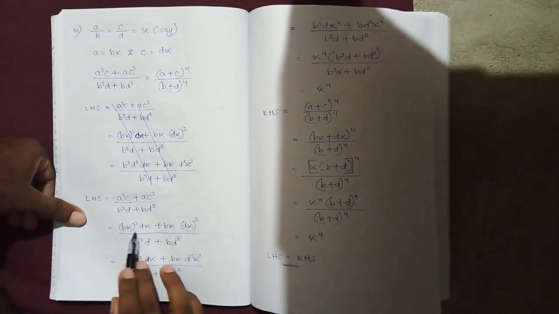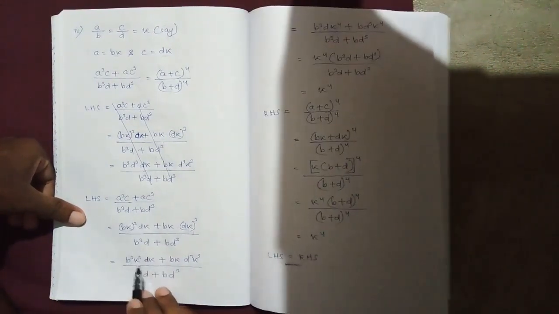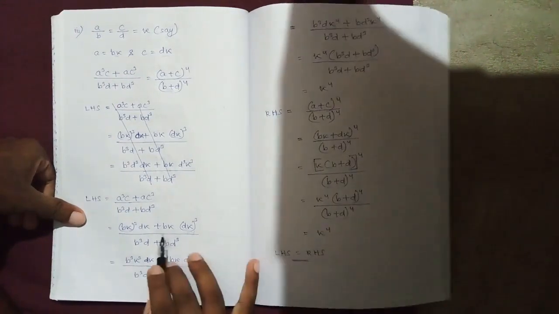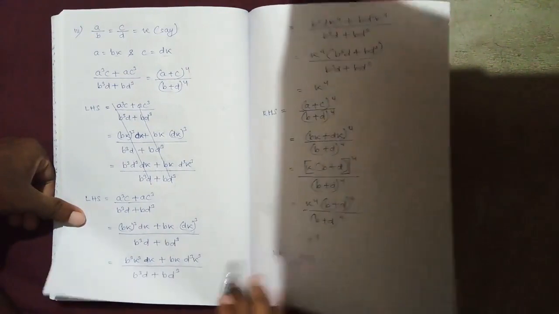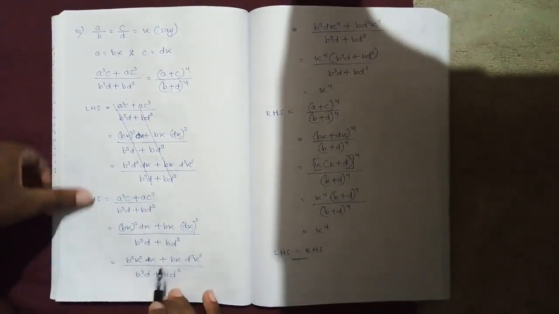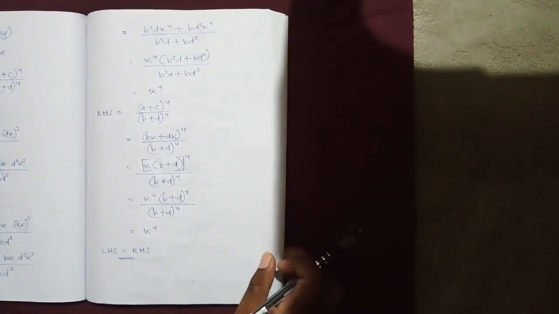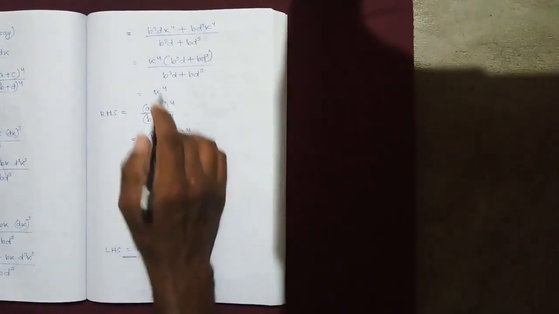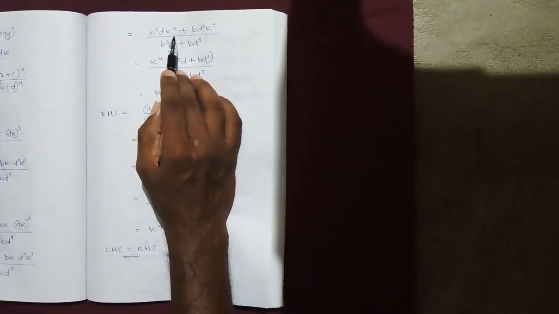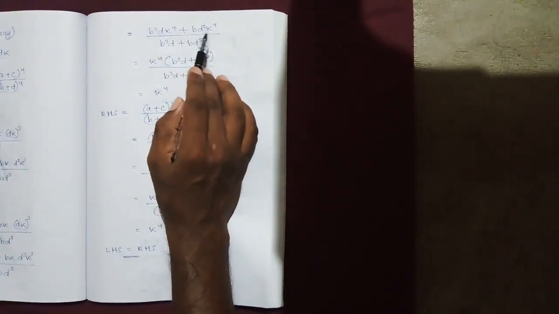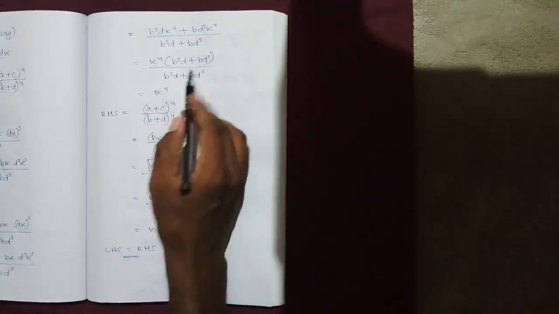So this becomes b cube k cube dk plus this becomes bk d cube k cube. Okay, then the numerator becomes b cube d k power 4 plus bd cube k power 4, then the denominator is as it is.